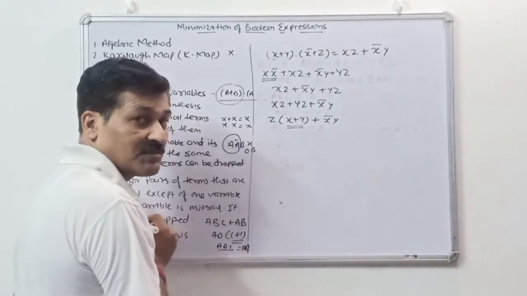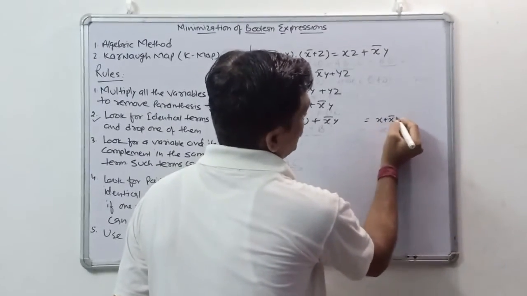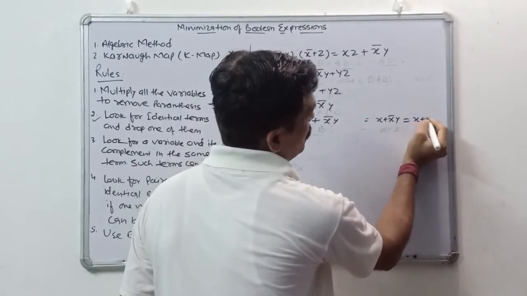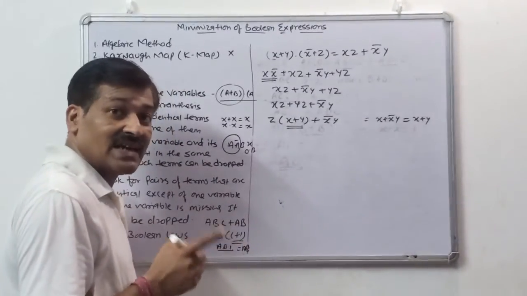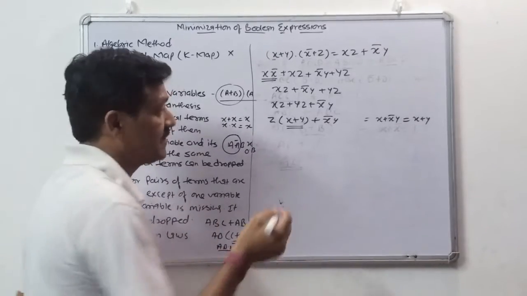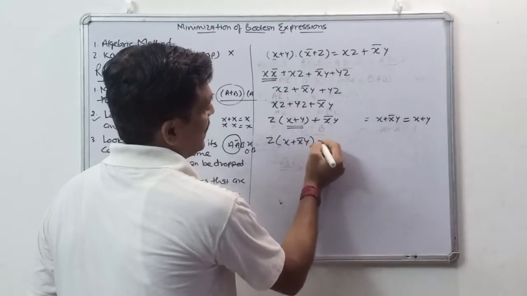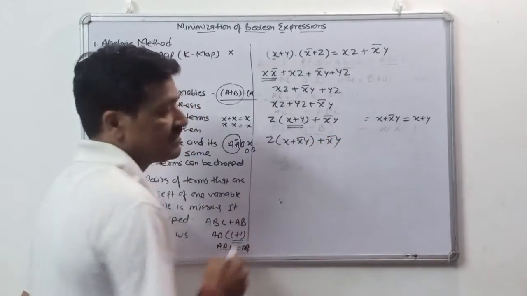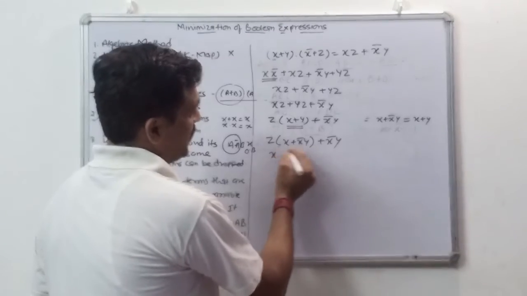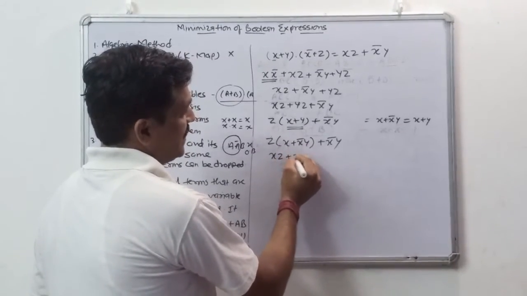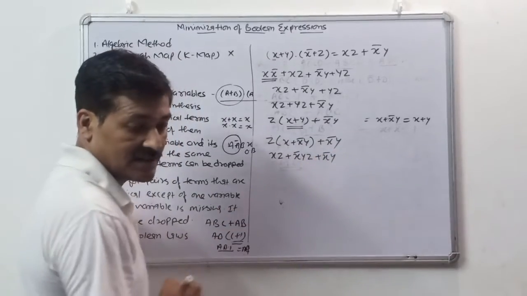Look here, x plus y. We know the formula, distributive law, x plus x bar y equals x plus y. So this x plus y can be written as x plus x bar y. z into x plus x bar y, plus x bar y. Here, open this bracket: xz plus x bar yz plus x bar y.